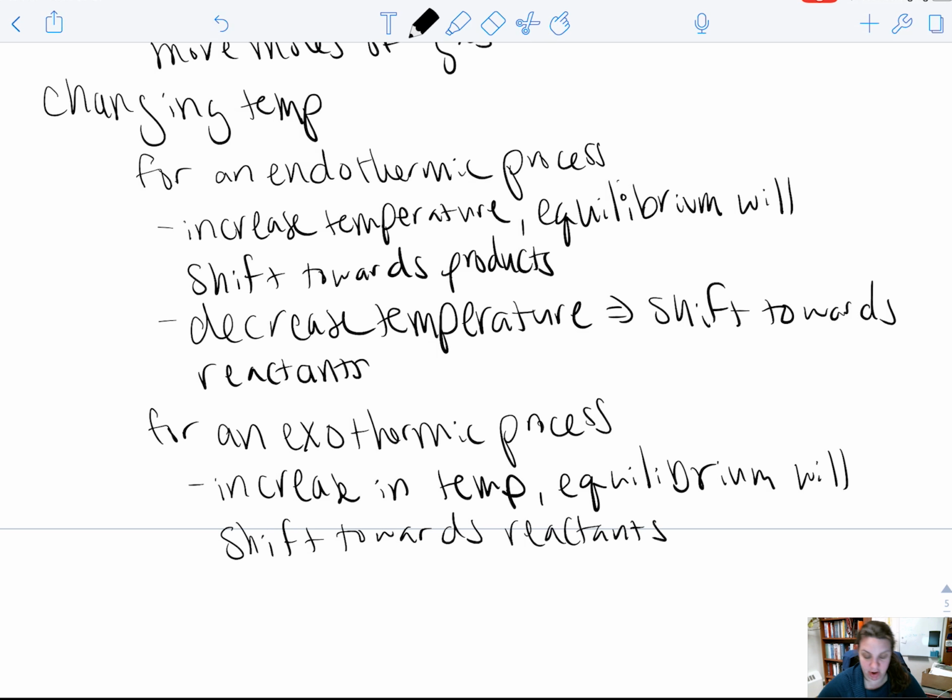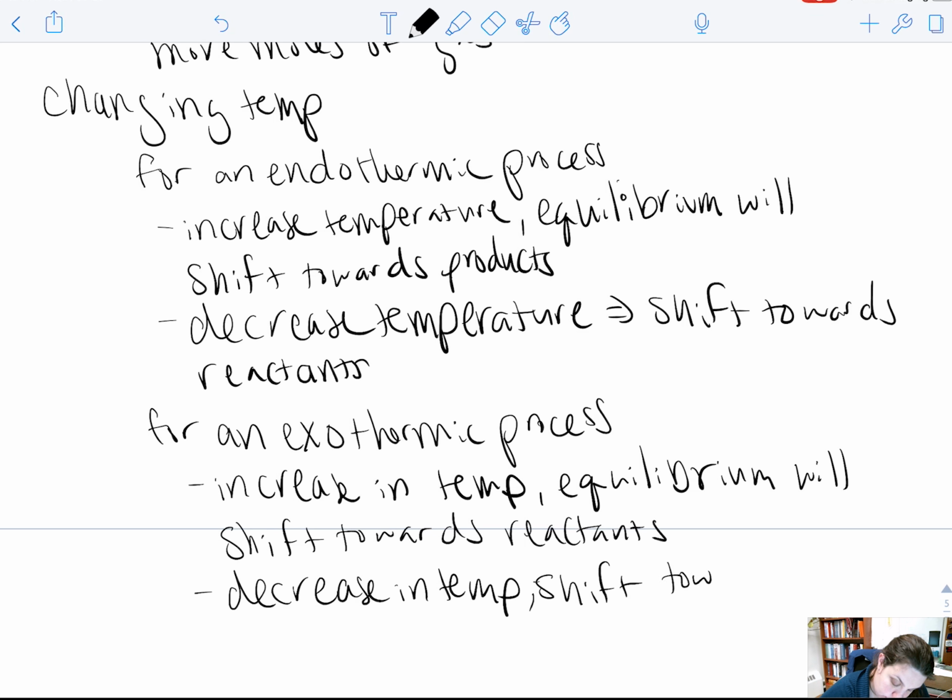So as a product, if we increase our temperature, we want to shift away from products towards reactants. A decrease in temperature, we're going to shift towards products.